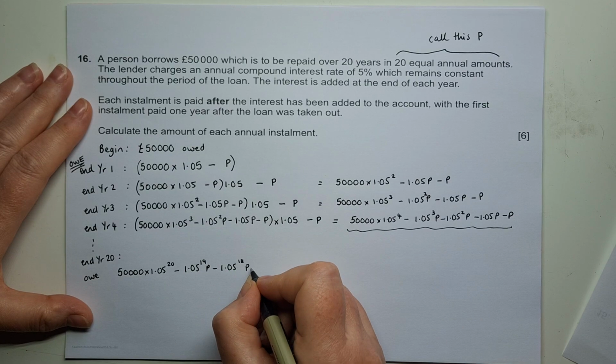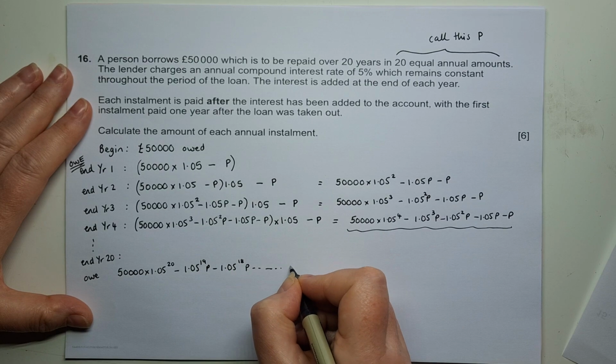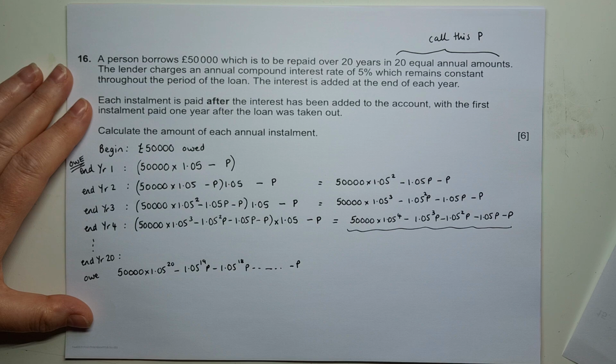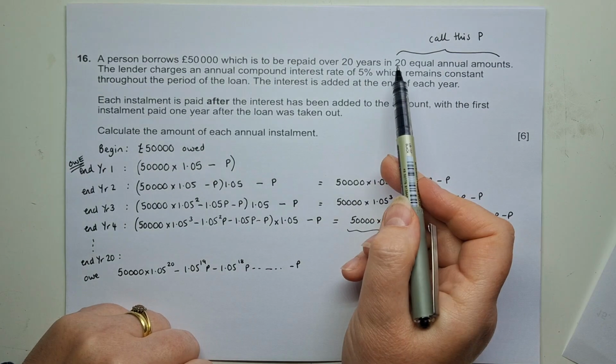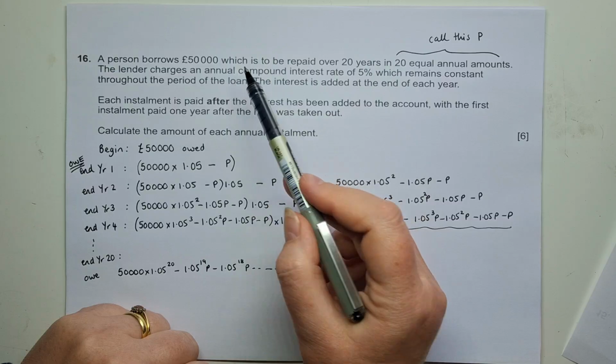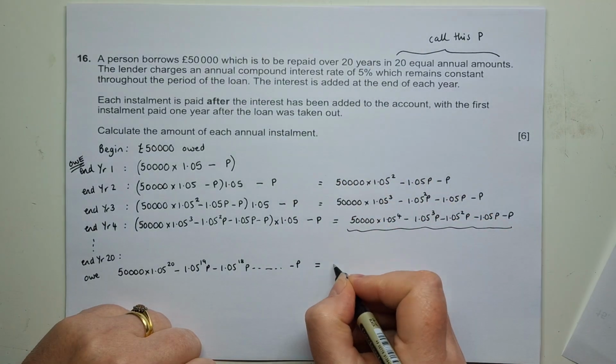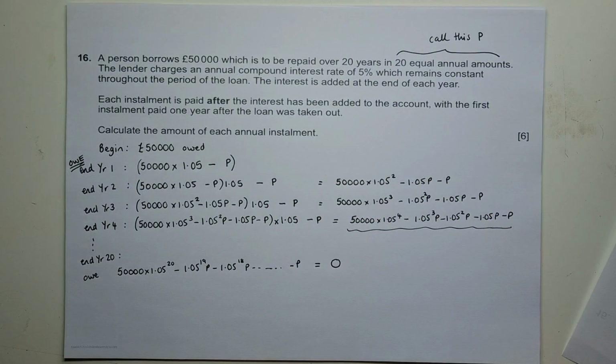I'm not going to write them all out, obviously, all the way down to minus p. But in 20 years, we've repaid it. So we owe nothing at the end of 20 years.